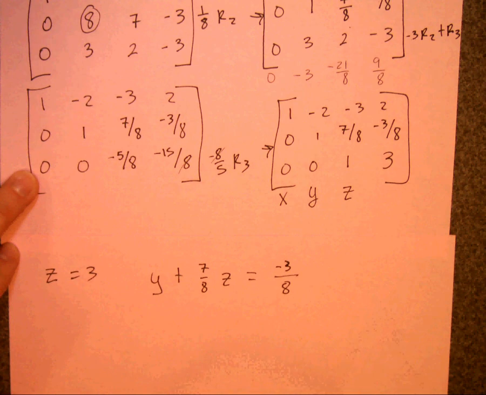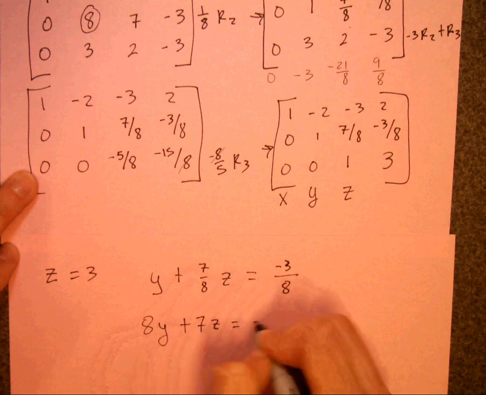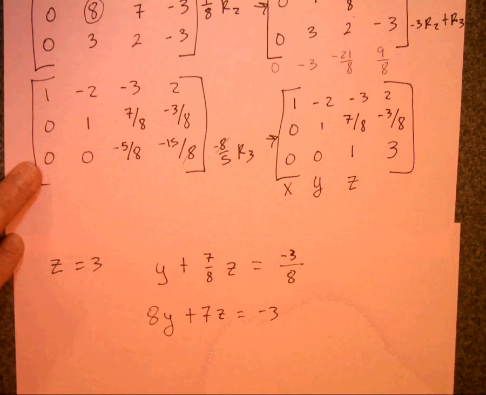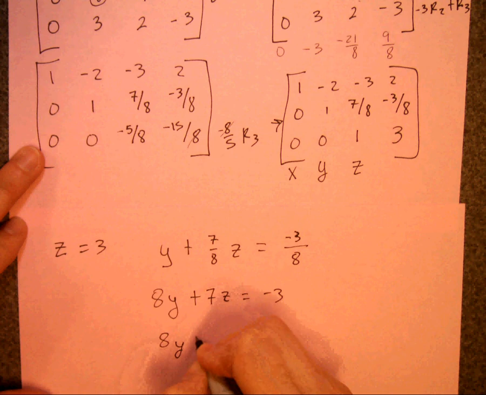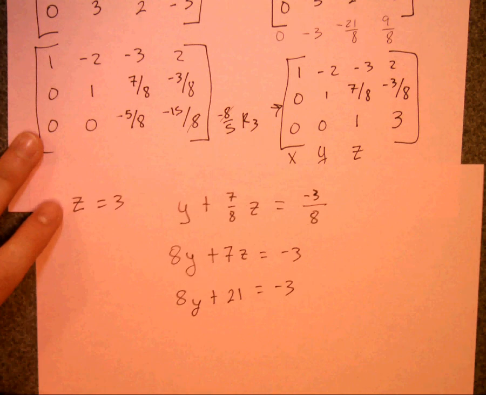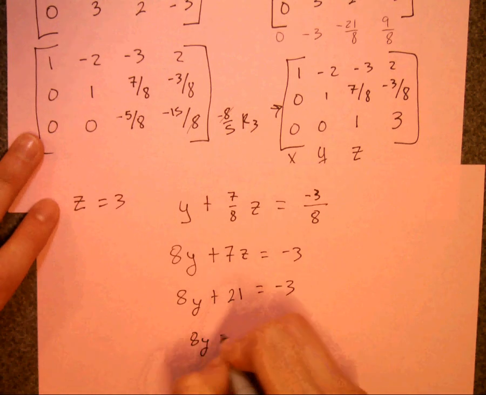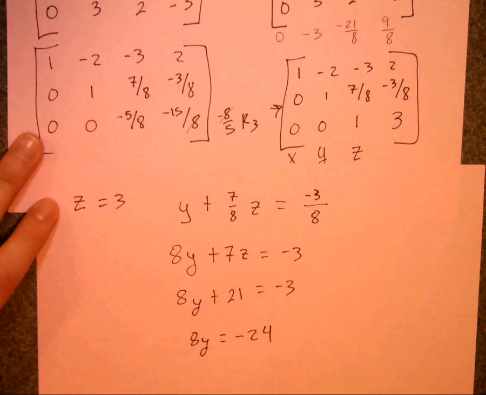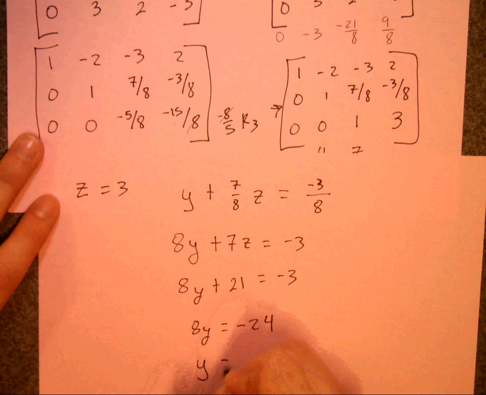That would give me 8y plus 7z equals negative 3. And we know that z is 3, so if I plug in 3, I get 8y plus 7 times 3 is 21 equals negative 3. Subtract 21 from both sides, and I get 8y equals negative 24. Divide by 8, and I get y is equal to negative 3.